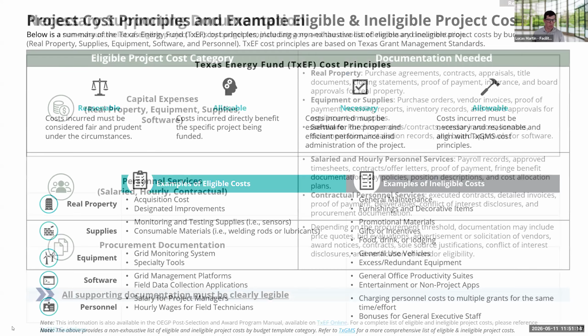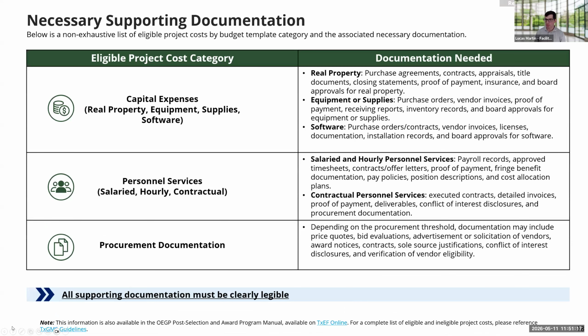Alrighty. With that, spending just a little bit more time talking about supporting documentation. Again, the eligible project cost categories tie directly back to the budget documents that we've been working through with you all. And the supporting documentation noted on the right-hand side ties back to those things.